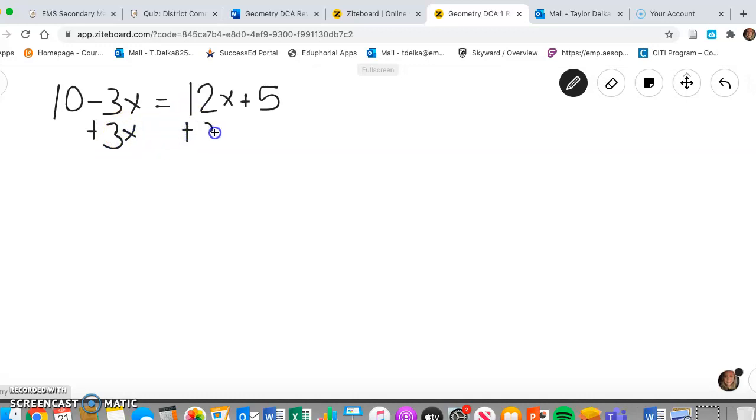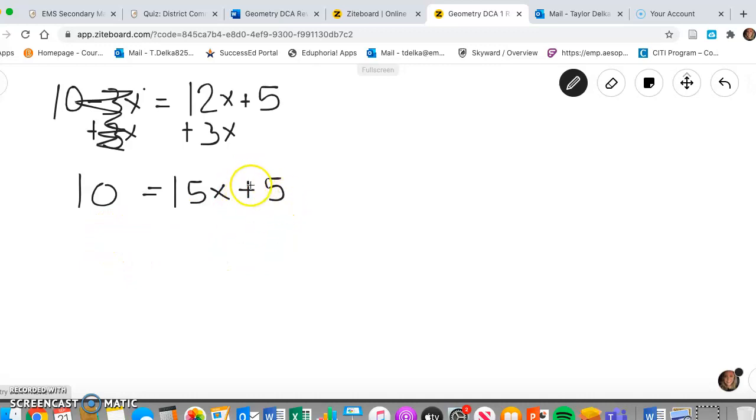Now, we know that when we have a negative and a positive and they are the same, they go away. Okay? And we just have the number 10 on this side. And I get 15x, because 12 plus 3 is 15, and I have to remember that plus 5. Now, I'm not done, because now I need to move my like term of 5, where it doesn't have a variable, over here.